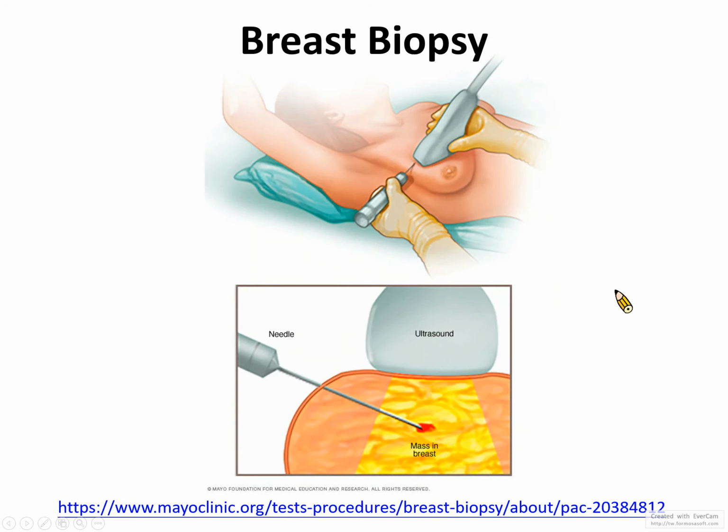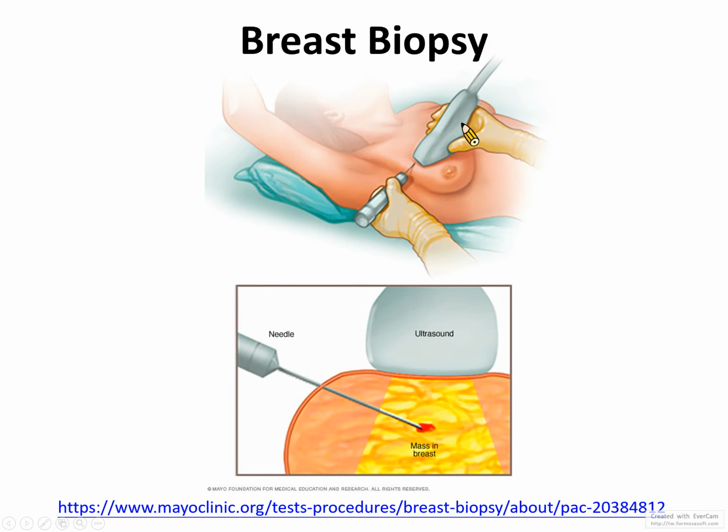And so to determine the stage of the breast cancer, we need to do a biopsy, which means that you need to extract a small amount of tissue from the abnormal tumor in the breast. In this figure, you can see a demonstrative figure from Mayo Clinic.